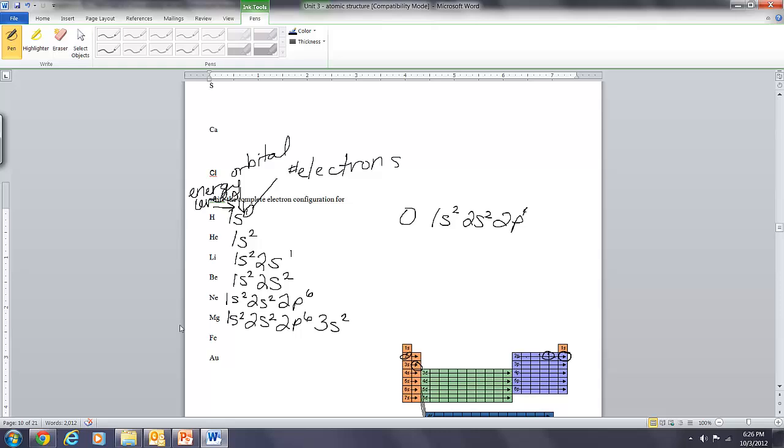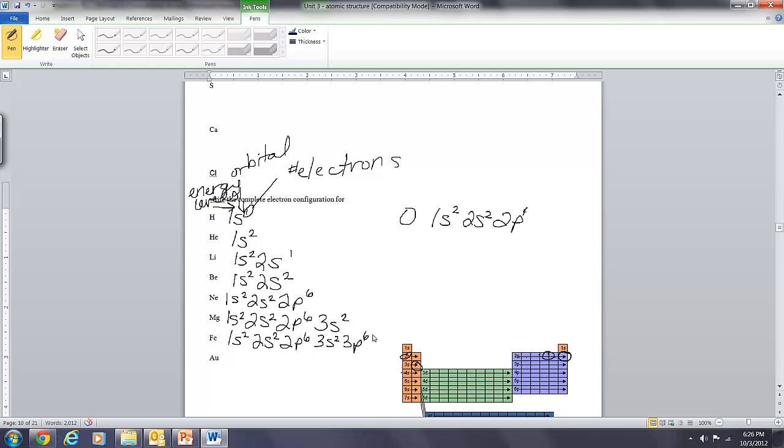Okay, iron, last one I'm going to do. Start at the beginning. 1s2, it's full. 2s2, it's full. 2p6, 3s2, then we're coming over here, going all the way across. So I say 3p6. This is where we're at.